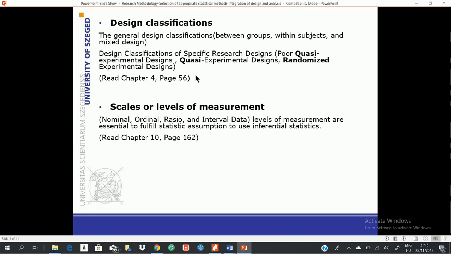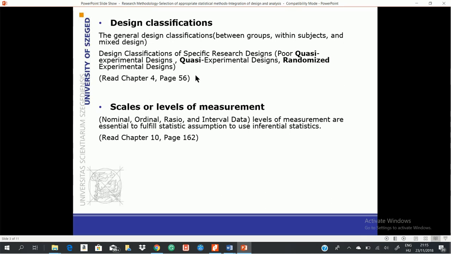Okay, the next you already know: scale or level of measurement. It consists of four scales: nominal, like an unordered scale, such as yes or no, female or male, or it can be more than two categories; ordinal, ranked scale; ratio; and interval data. It's very important for inferential statistics.